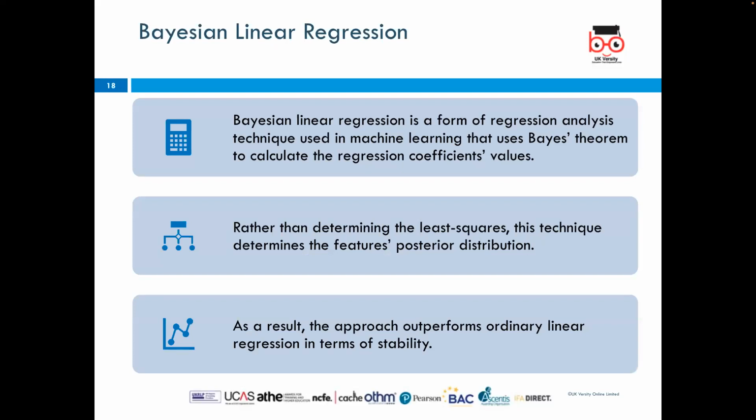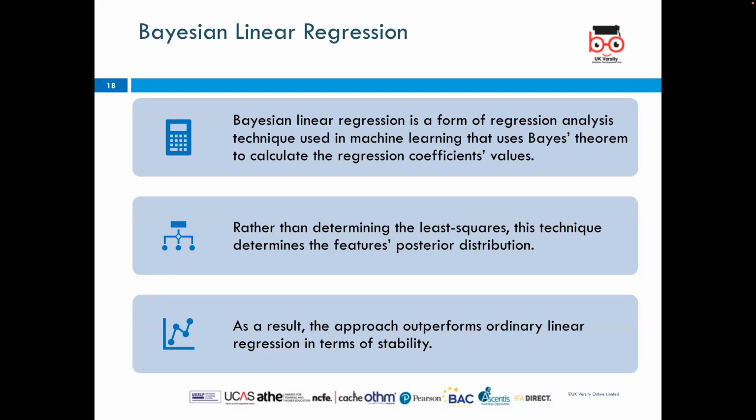We also have Bayesian linear regression. Bayesian linear regression is a form of regression analysis technique used in machine learning that uses Bayes' theorem to calculate the regression coefficient values.